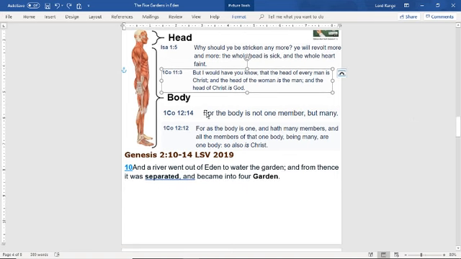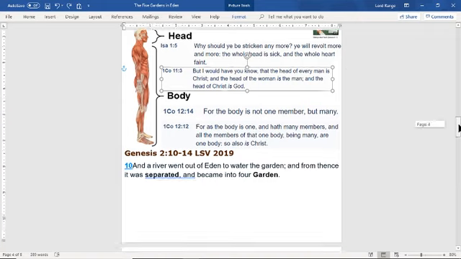We're going to go over them real quick. When you go to 1 Corinthians 12:14, it says, "For the body is not one member, but many." And 1 Corinthians 12:12, "For as the body is one and has many members, and all the members of that one body, being many, are one body, so also is Christ. And so also was Adam in the beginning."